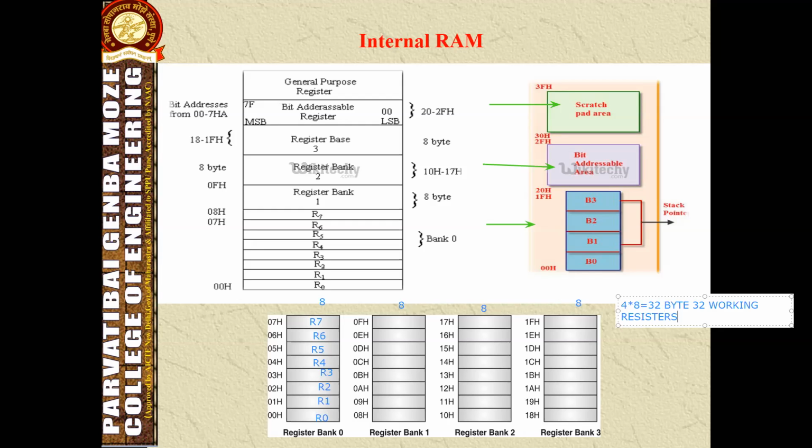The register banks are organized like this. There are a total of 4 register banks: bank 0, bank 1, bank 2 and bank 3. Each register bank has 8 registers, each one 8 bits, starting from R0 to R7. The remaining banks also have R0 to R7.